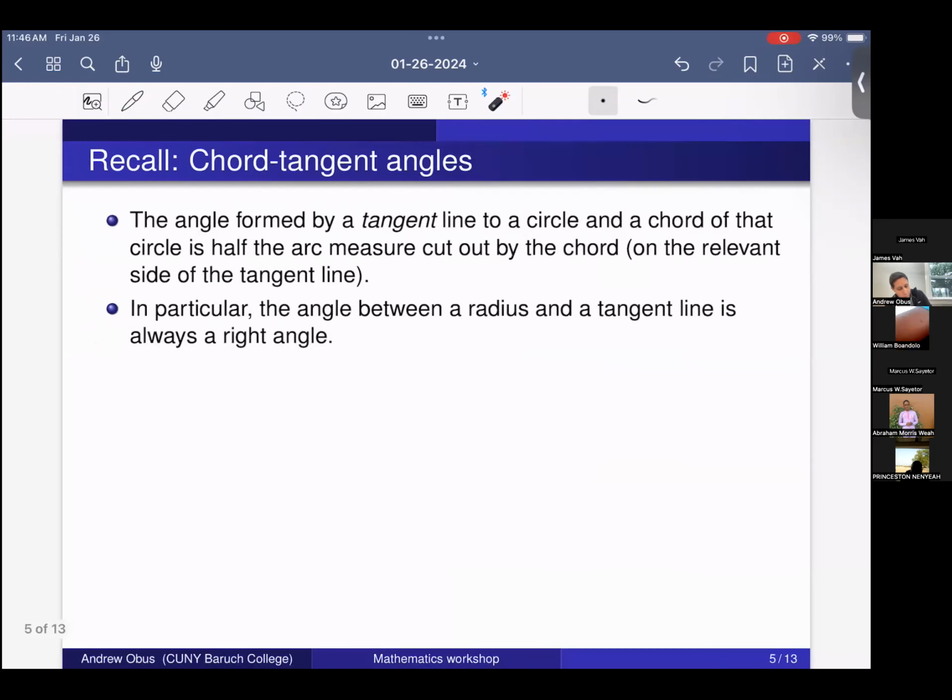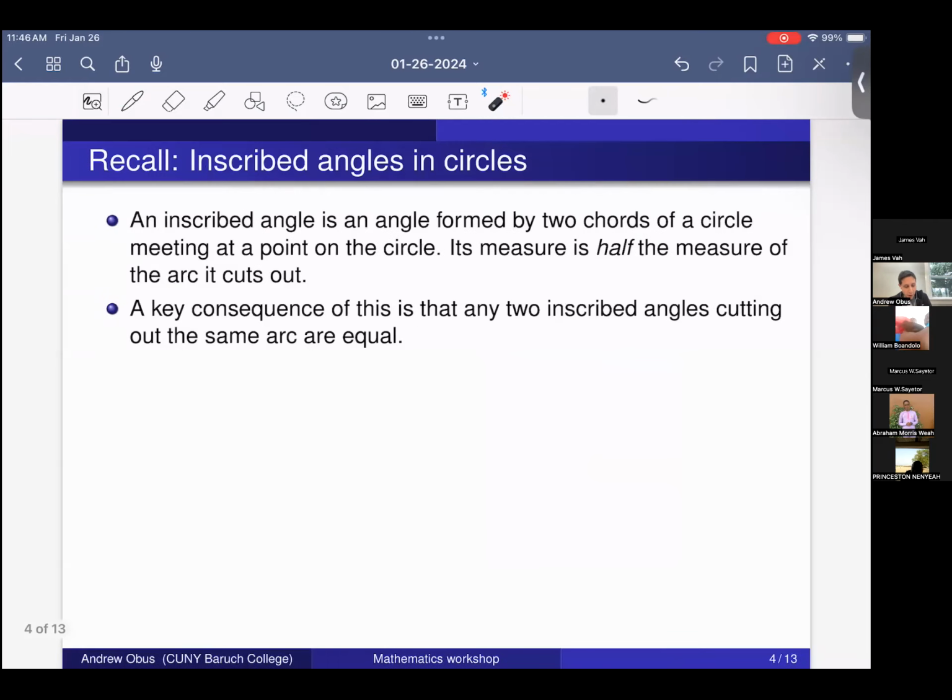And we also have the result that the angle formed by a tangent line and a chord of that circle is half the arc measure cut out by the chord on the correct side of the tangent line. These are the two results that we did last week, and you're going to need to use at least one of them to solve this problem.